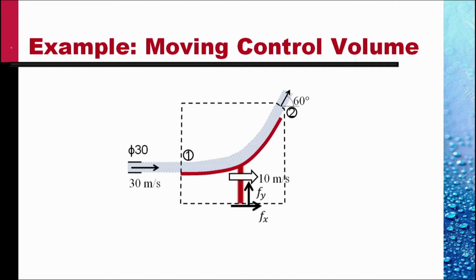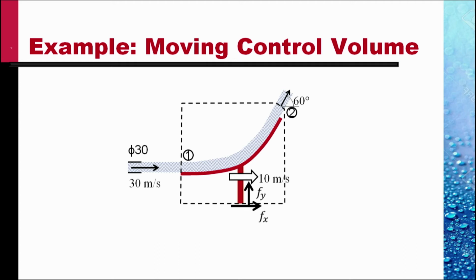There is an influx of momentum at 1, and there is an efflux of momentum at point 2. As mentioned before, since the control volume is moving at a constant speed, the frame is inertial if we attach the frame to this control volume.